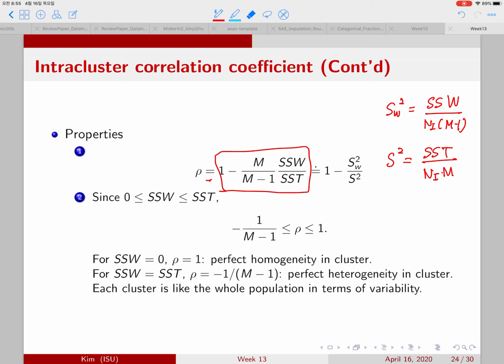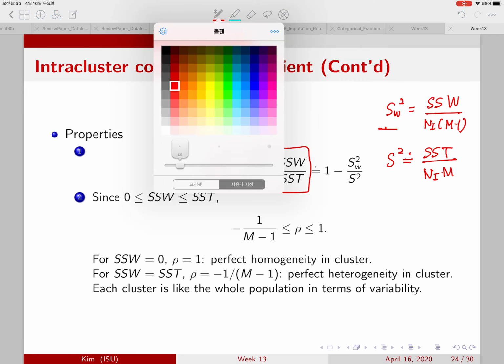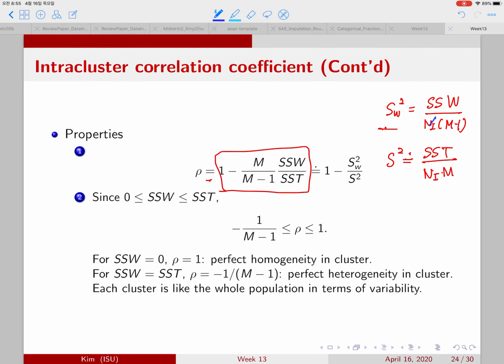So you can roughly say something like this. If you compute the ratio, the N_i terms cancel out, so you end up getting this equal to this. So that proves the first property.